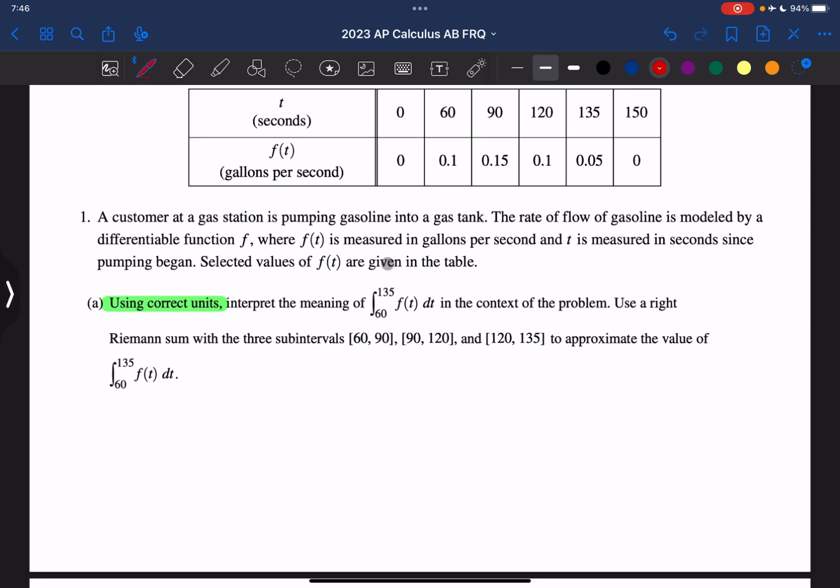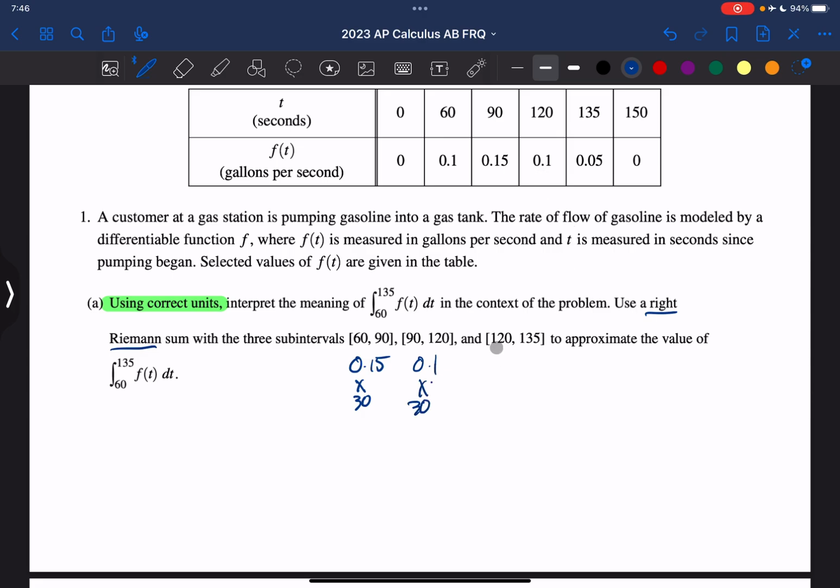So our first interval is from 60 to 90, and we are using a right Riemann sum. So for 60 to 90, we're going to use the value of 0.15, and that interval is 30 units wide, so it's going to be times 30. For 90 to 120, the right value is 0.1 times 30.